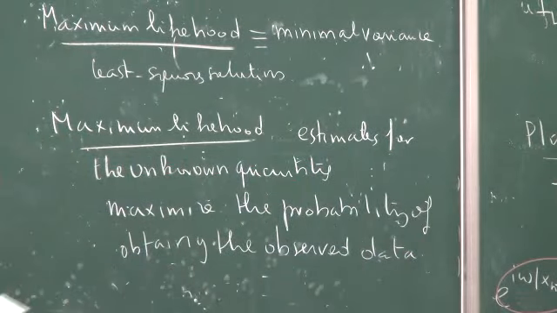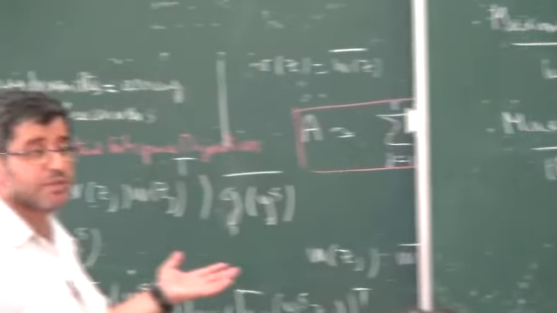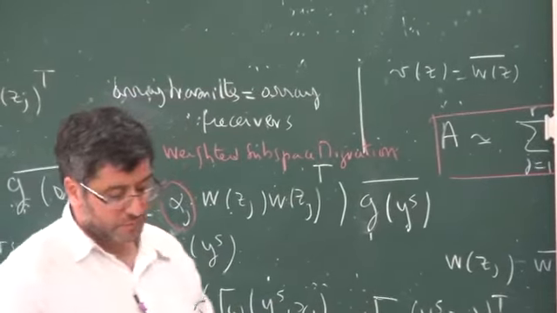And for least square solutions, this is exactly the same as minimal variance around the true solutions. Minimizing the variance around the true solution, or the maximum likelihood solution, is the same.